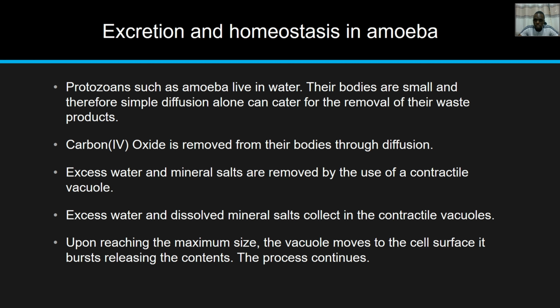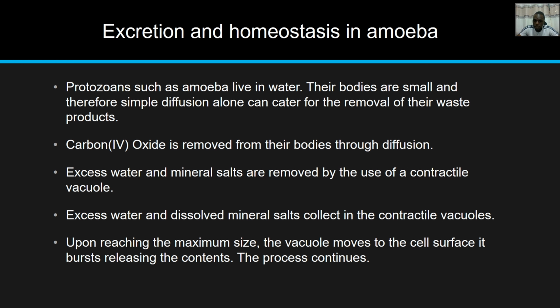Carbon dioxide is removed through diffusion. Excess water and mineral salts are removed with the help of contractile vacuoles. A vacuole is a cell structure which accumulates the excess water and dissolved mineral salts, and it moves towards the plasma membrane, and once it reaches there, it bursts, releasing the contents to the surface.